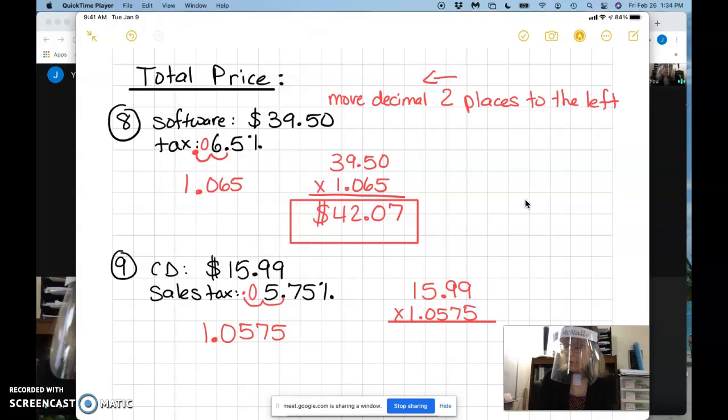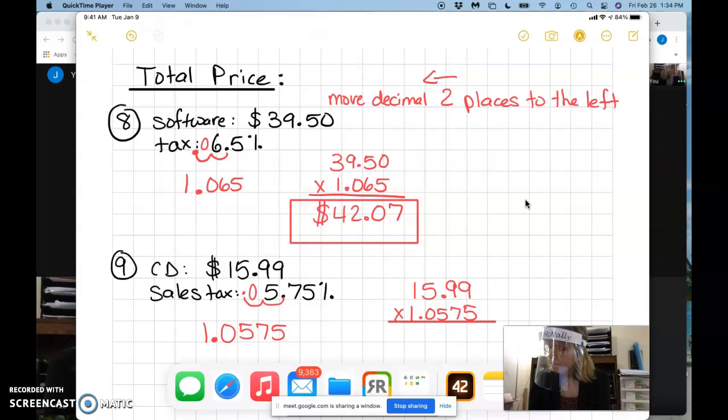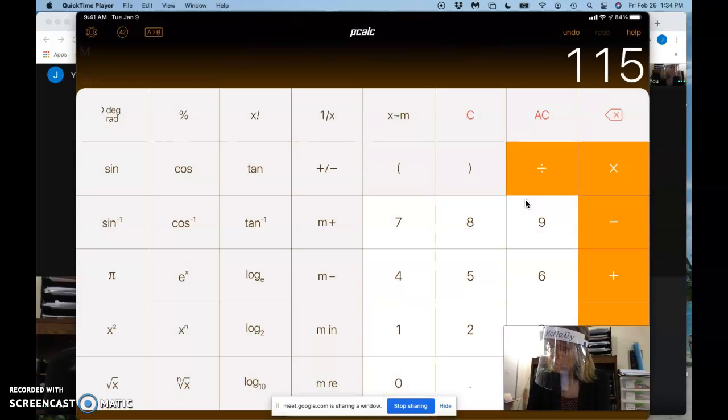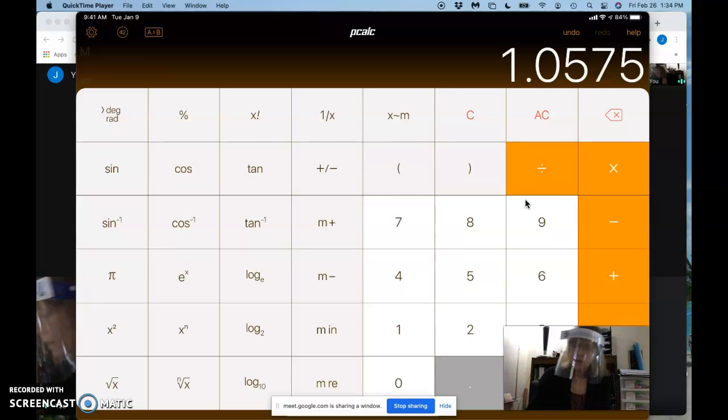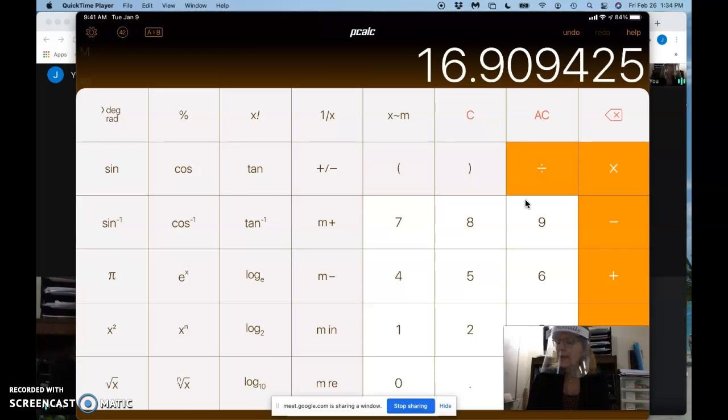So let's do that. $15.99 times 1.0575. Is that right? Yes. Okay. Equals. Okay, again, this is money, so I have to round after the second decimal.